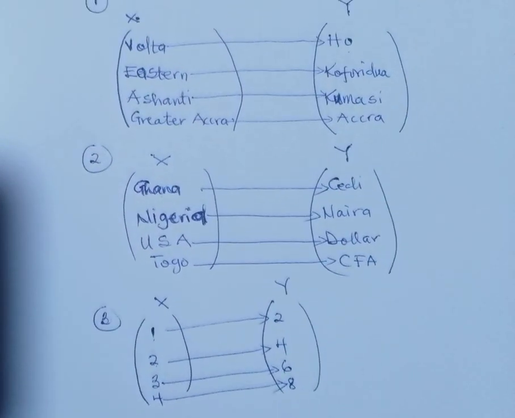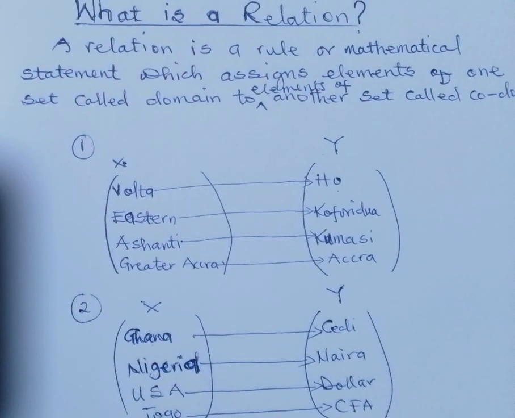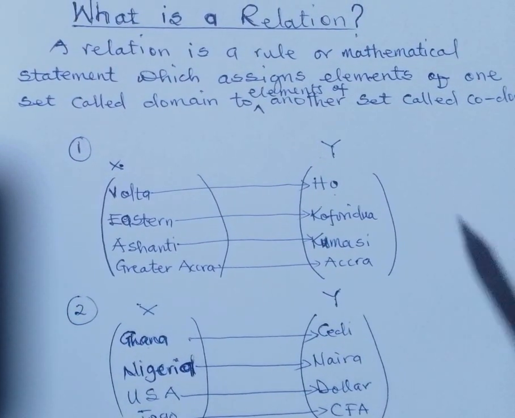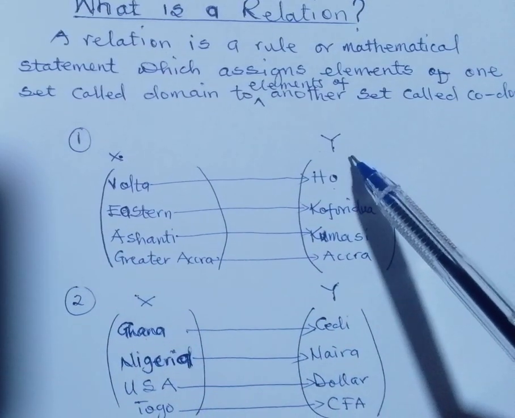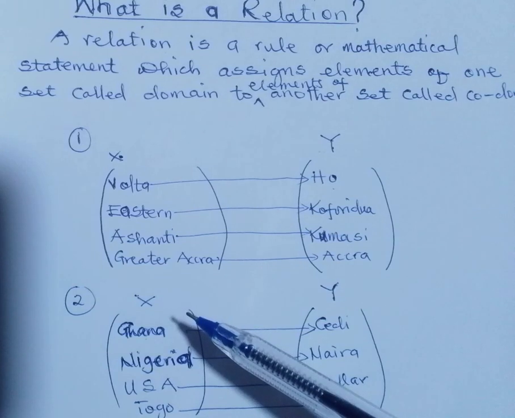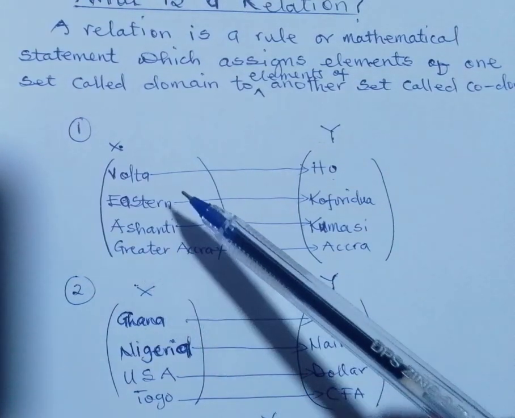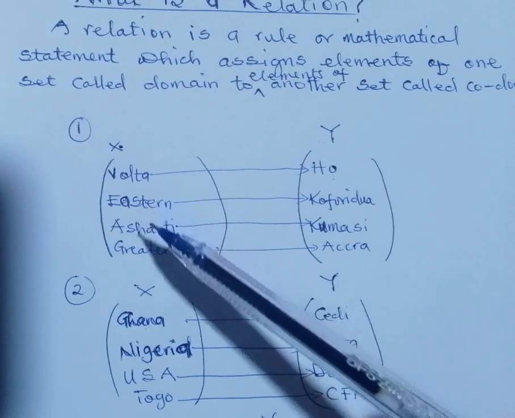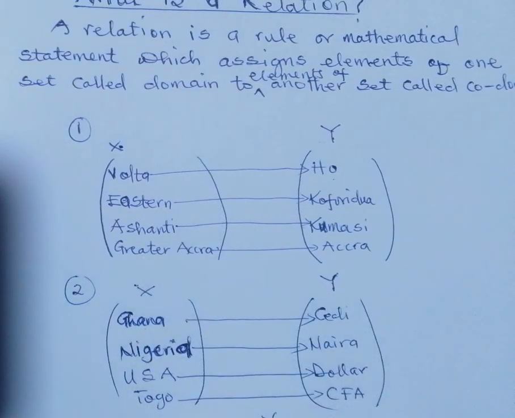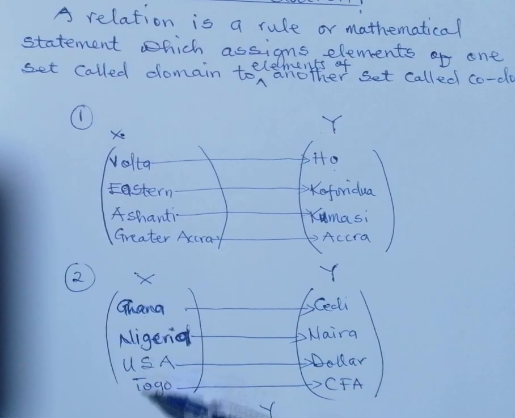Now, in our definition, we made mention that an element in one set is called the domain, and an element in another set is called what? Codomain. Now, which of the sets can we say are the domain and which are the codomain? Always the first set, which are the X values, they are referred to as the domain.